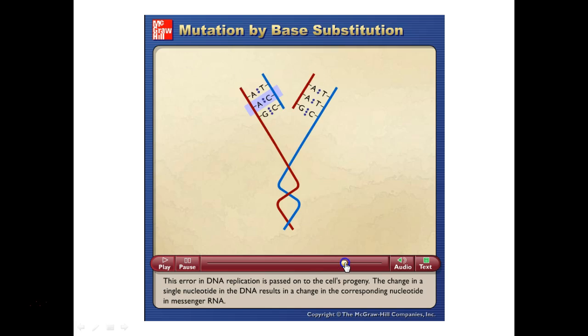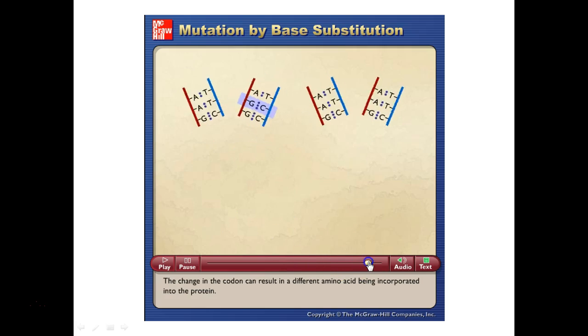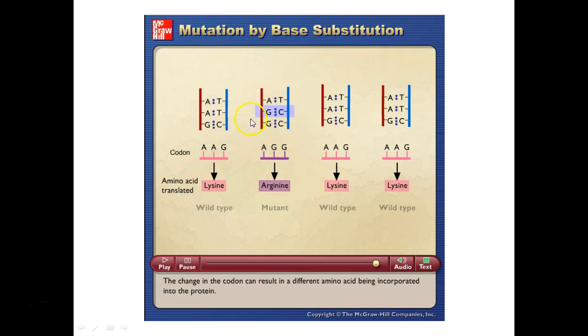So when we look at the code, it gets copied wrong. If the incorrect base doesn't get fixed, this information gets passed on to the progeny. This is a change, so therefore it's a mutation. It's called a mutant. And as you can see, just this one change resulted in a different amino acid. That codon changed in such a way that it no longer codes for lysine, and wild type means the naturally occurring form of a gene for bacteria.